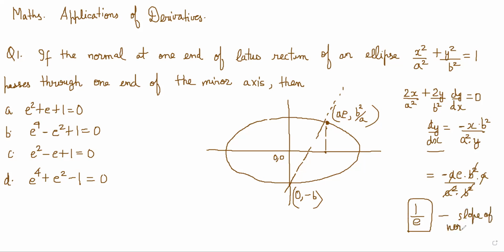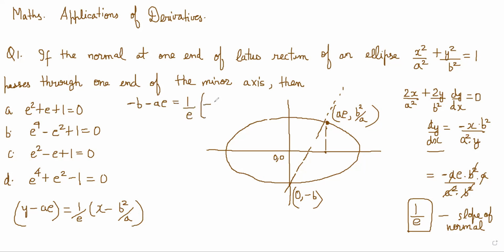So after that, the equation of normal is obvious. y minus b square by a is equal to 1 by e times x minus ae. And it passes through 0 comma minus b. So put that: minus b minus b square by a is equal to 1 by e times 0 minus ae. So we get b plus b square by a is equal to a e.